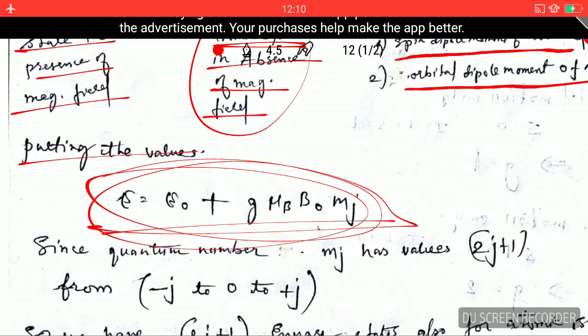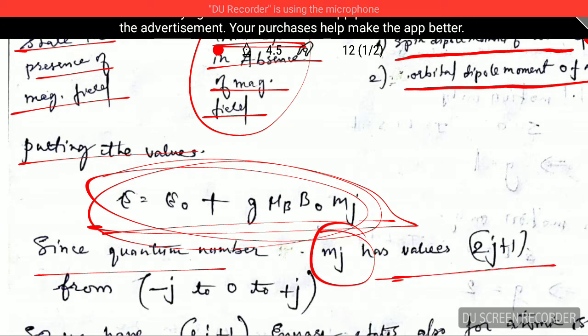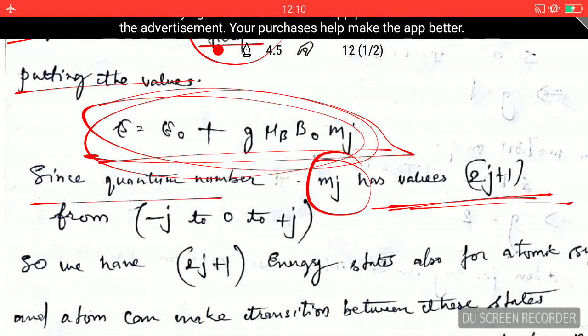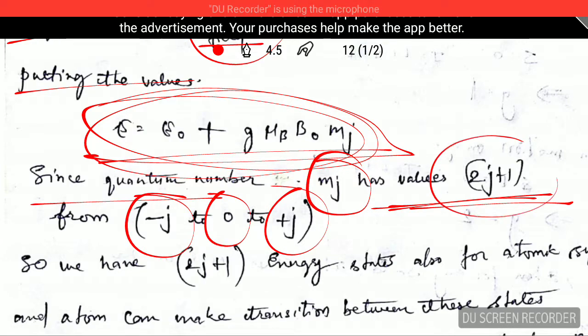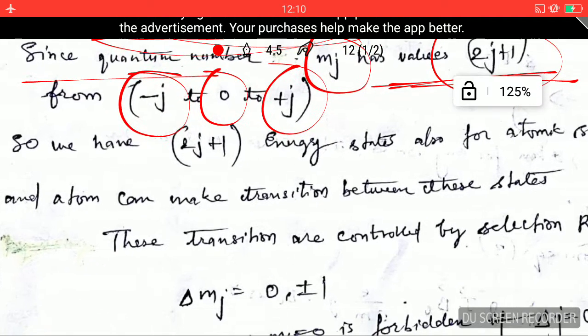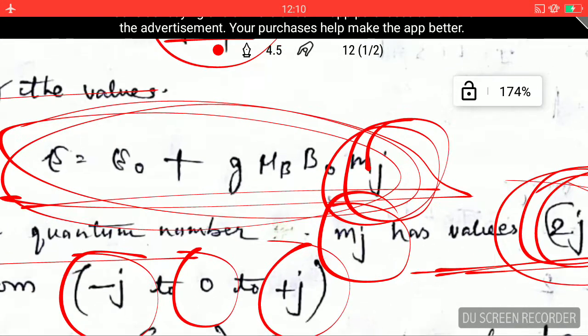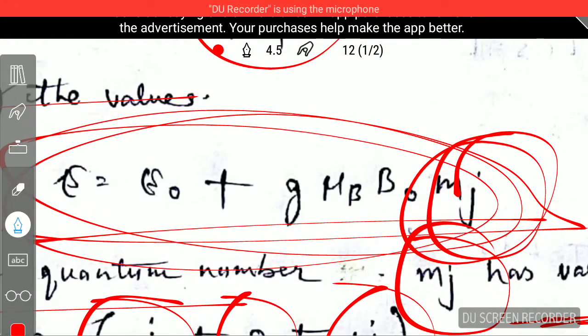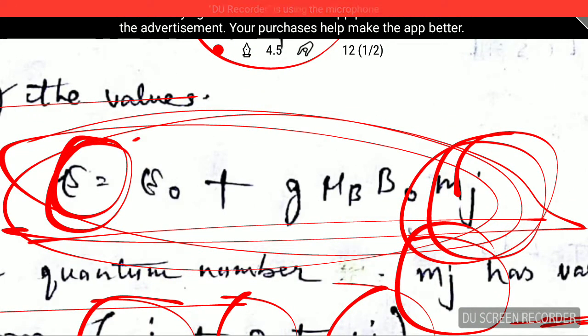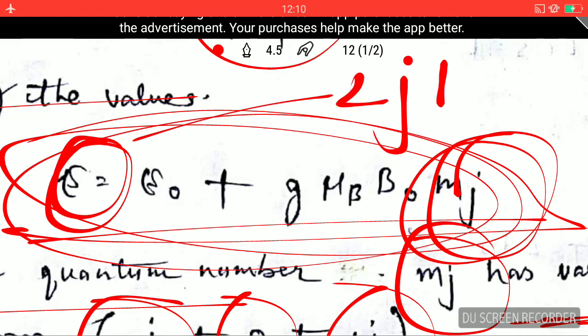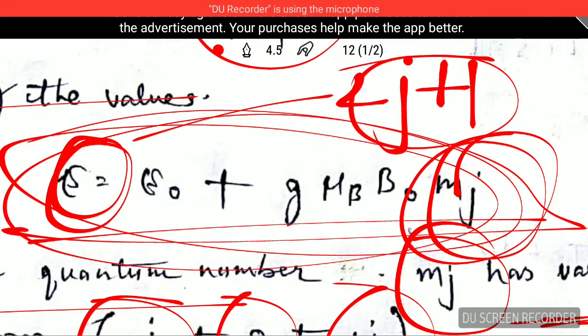Now, since the quantum number mj has 2j plus 1 values, ranging from minus j through 0 to plus j, there will be 2j plus 1 energy states of the atom.